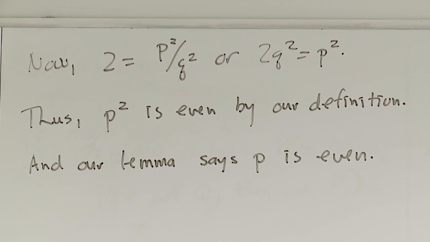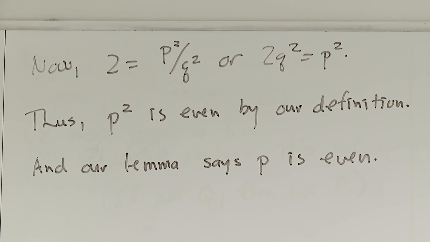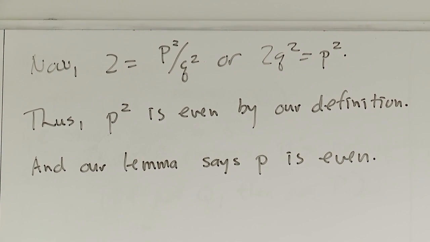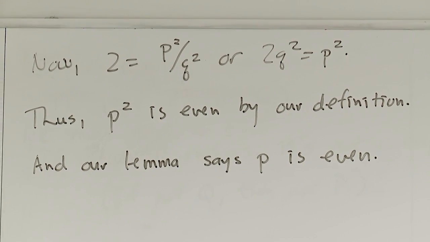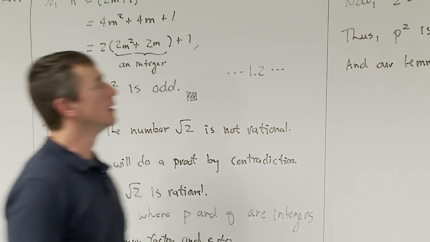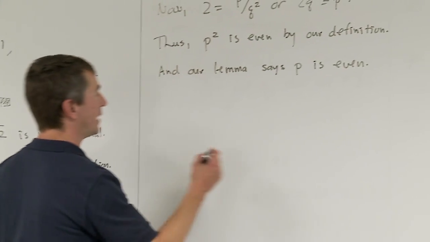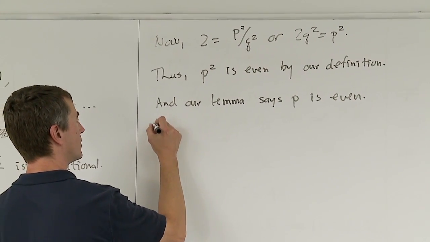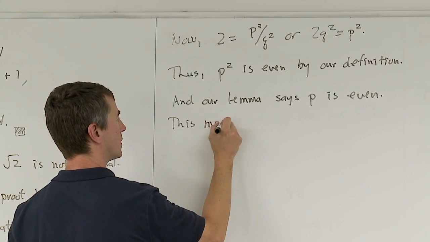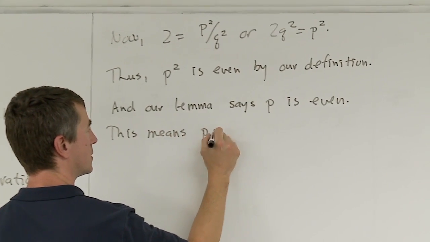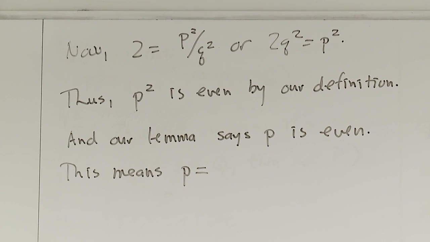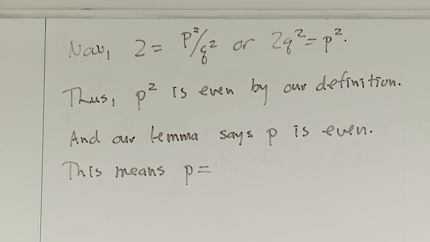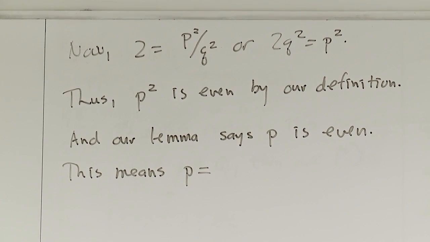So now we're sort of just following our nose. Whenever we see something, we either use one of our definitions or our lemma. We came up with this brilliant idea at the start to do the proof by contradiction. Well, p is even means what? If p is an even number, how can I write p? 2m plus 1?